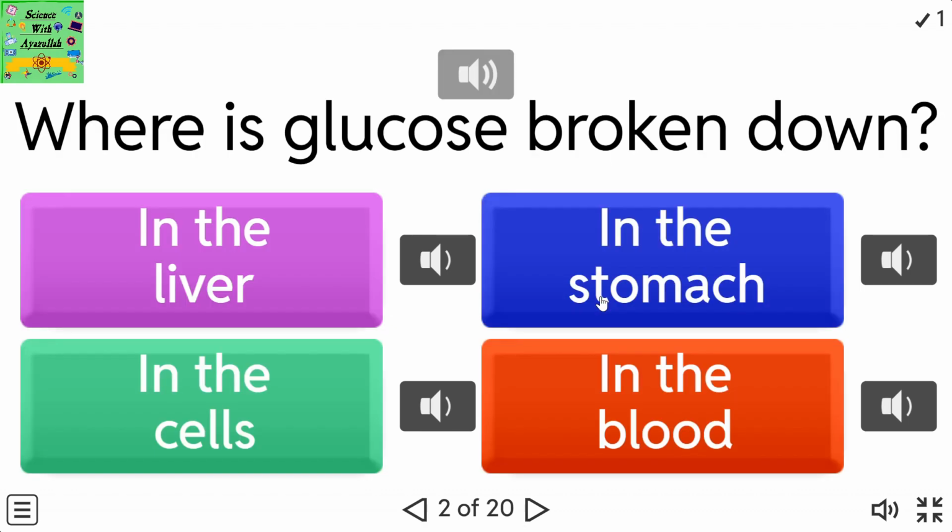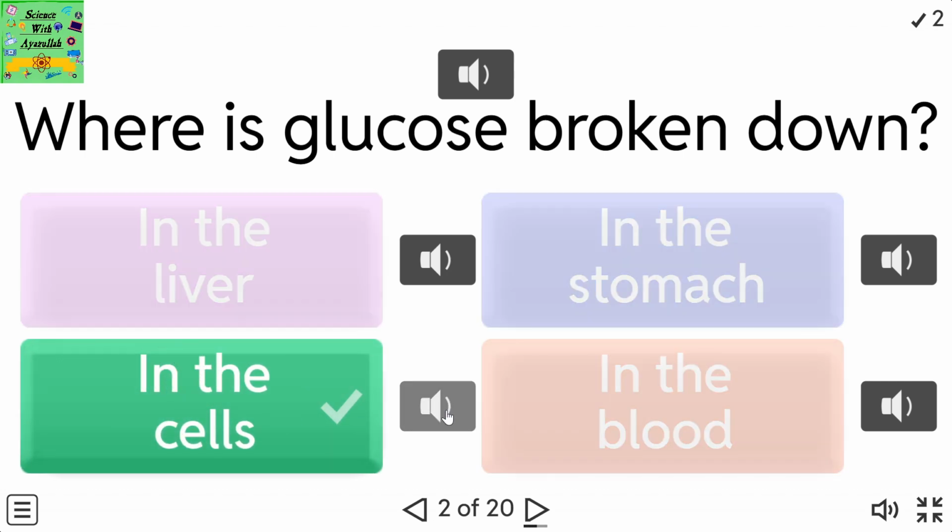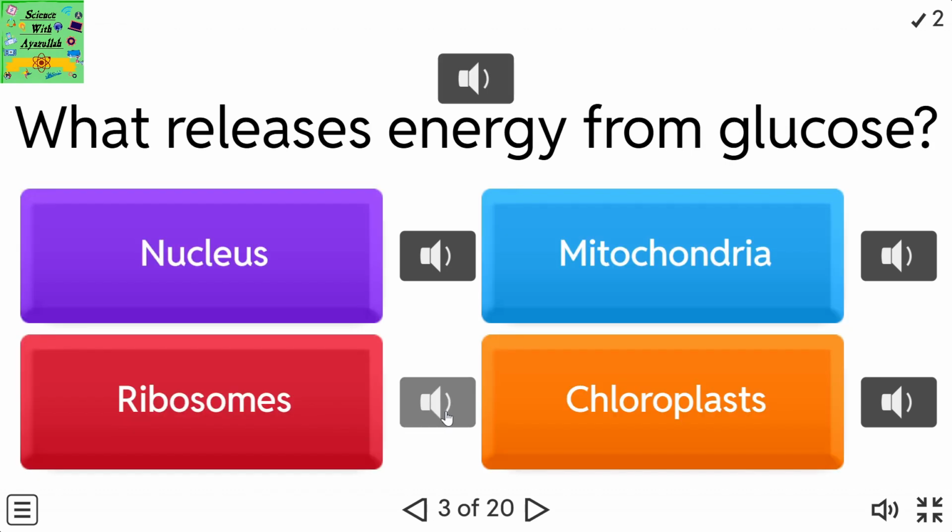Where is glucose broken down? In the cells. Nucleus. Mitochondria. Chloroplasts.